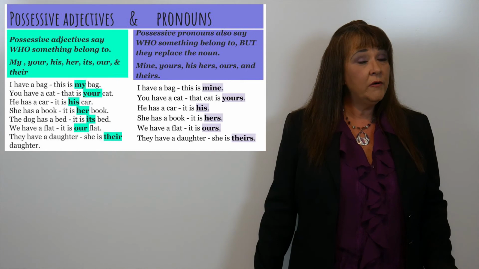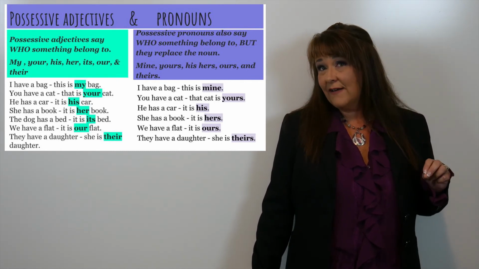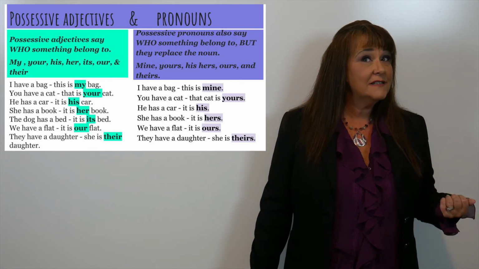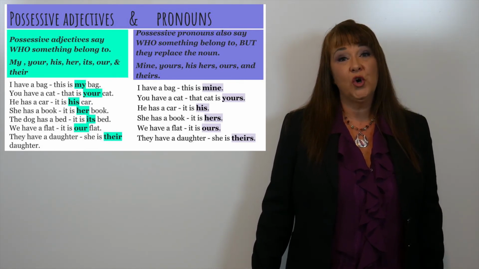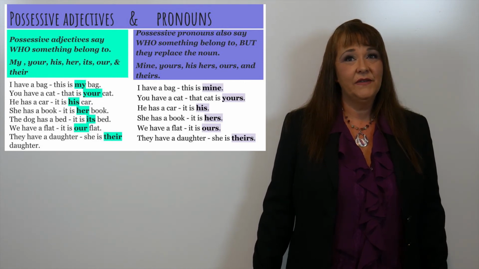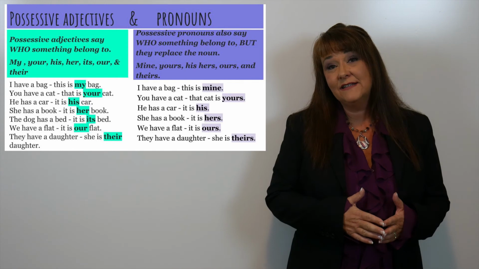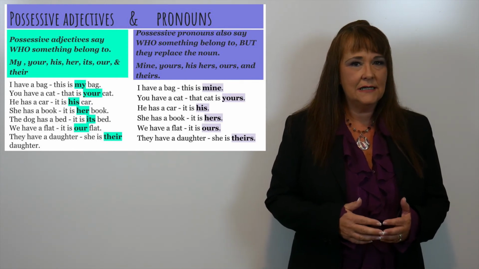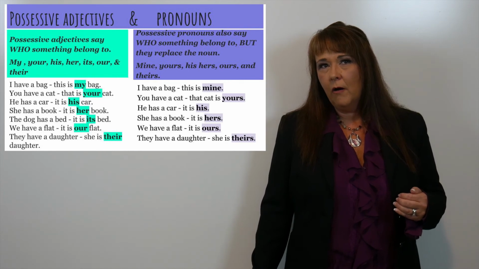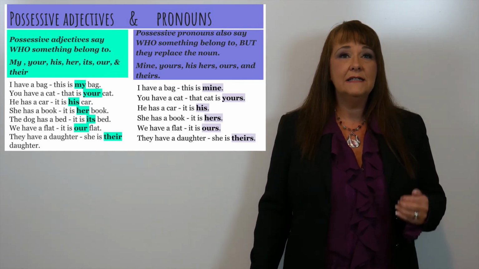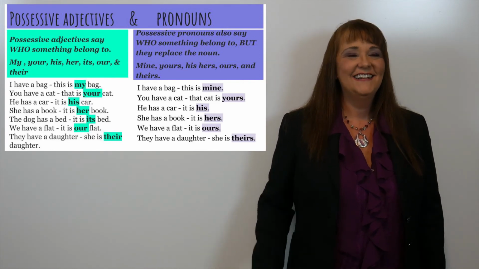Now, notice one thing: one form of the possessive adjective and the possessive pronoun is the same, using the word his. So you have to look at how the word his is used in a sentence. Does it say his car or the car is his? Get it? I think you do.